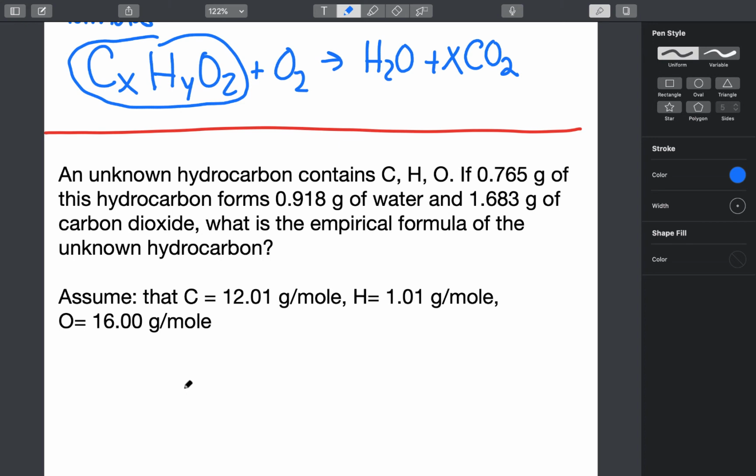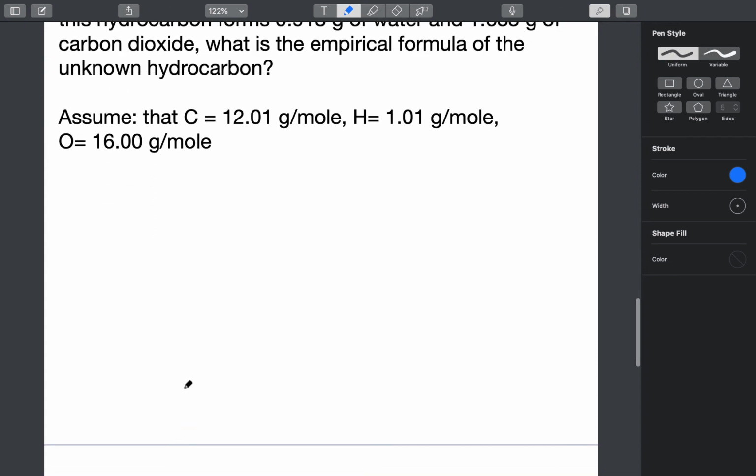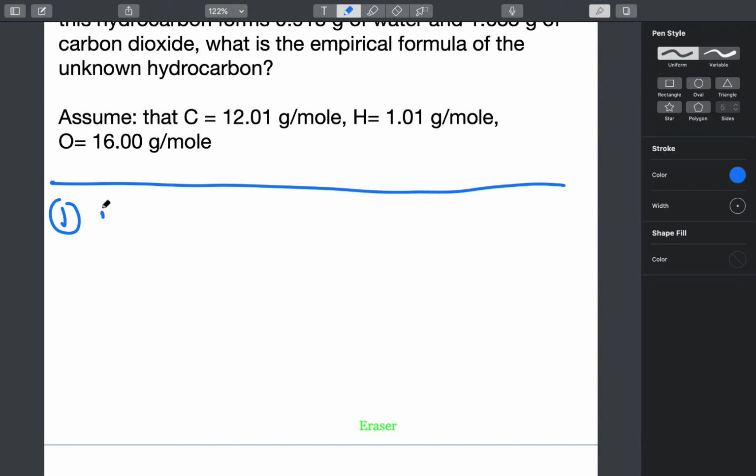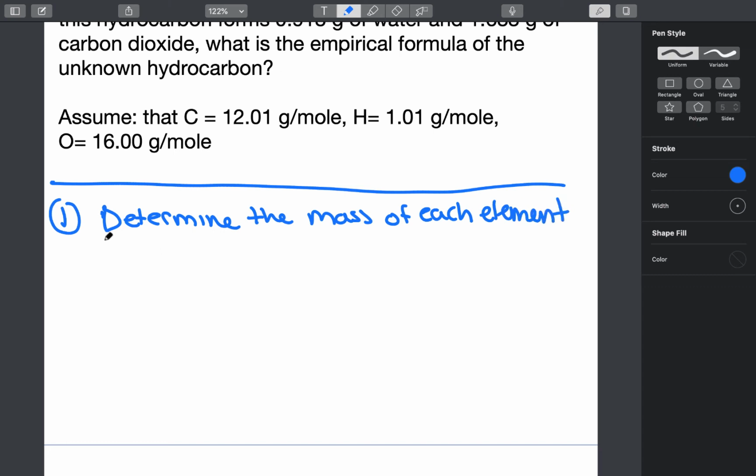So in order to do these types of problems, there's a general procedure that you have to follow. The first is to determine the mass of each element in the compound.